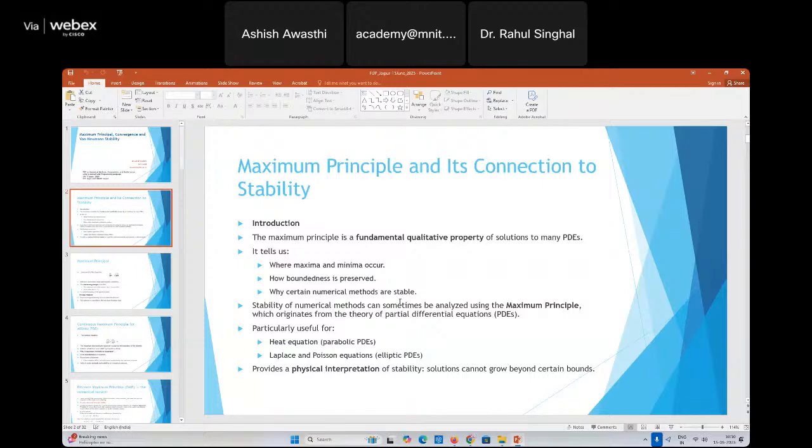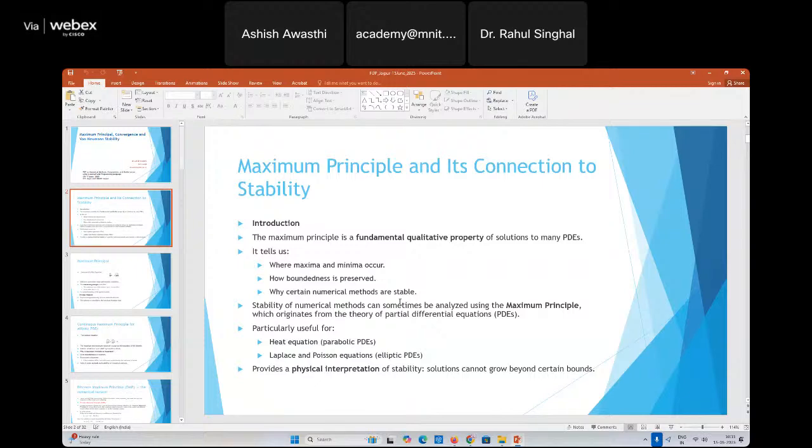So if they are correct, in that case you can find out what would be the solution of that particular model. You may not be able to find the exact solution, but you can find out the boundedness of the model. So you can say the maximum speed or maximum thrust, that depends on which turbulent model you are having. So you can identify how much maximum thrust could be there, how much maximum speed could be there, just by analyzing the concept of the maximum principle.